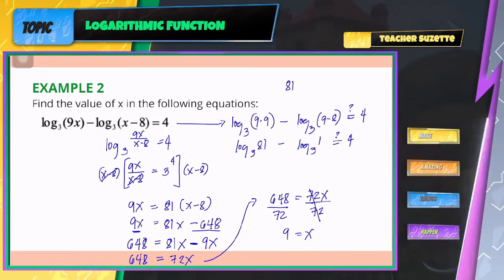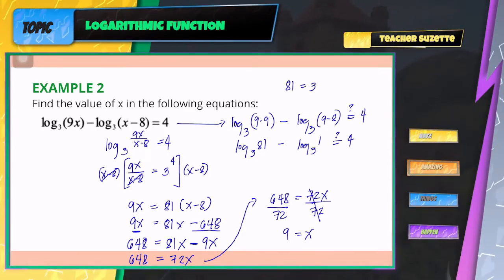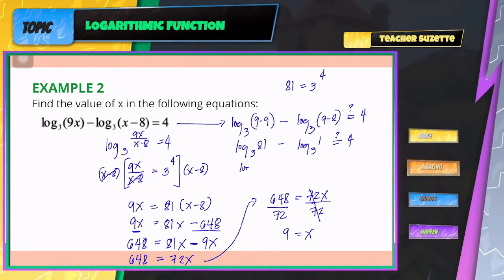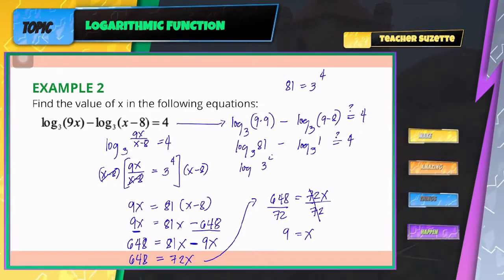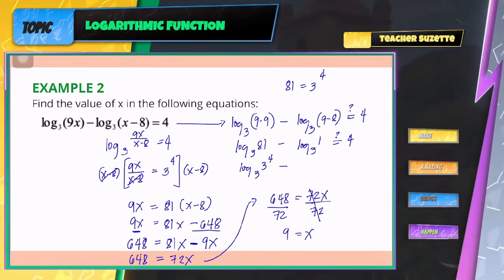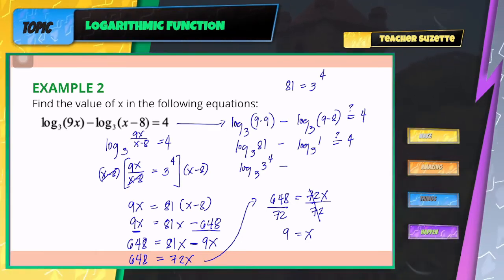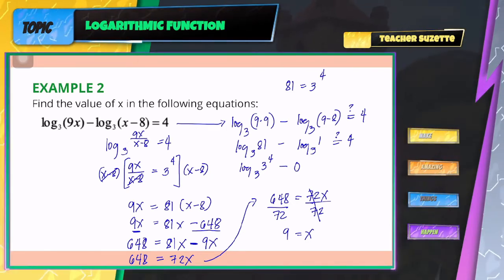So, 81 with base 3. Again, 81 can be expressed as 3 raised to 4. So, therefore, we can say that this is logarithm of 3 raised to 4 base 3 minus the logarithm of 1 base 3. Using the property of logarithm, the logarithm of 1 is 0. Tama?